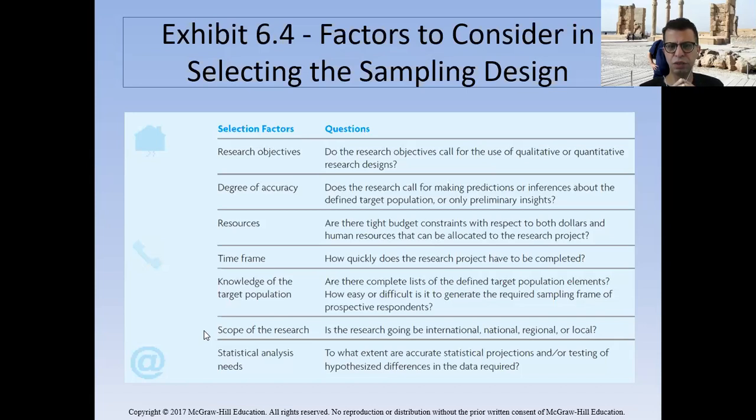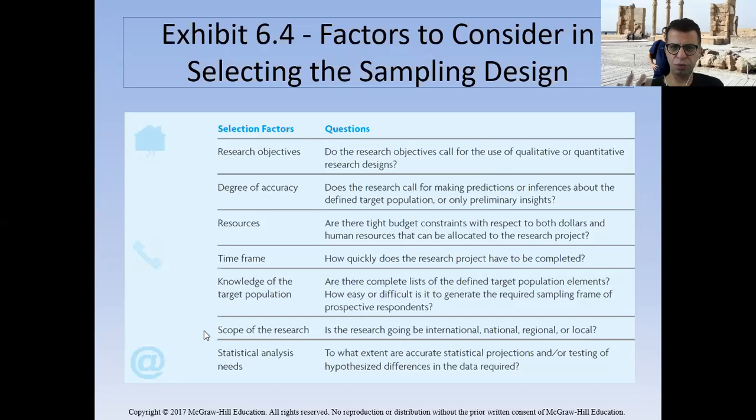Does the research objective call for the use of a qualitative or quantitative research design? And I put that question also in the Padlet, saying which would you prefer, a qualitative or quantitative research?